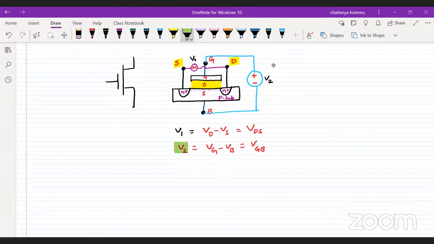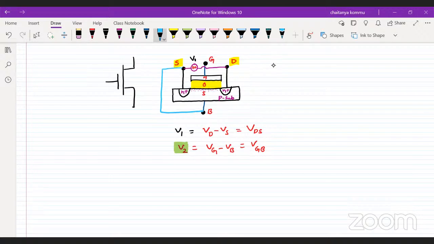I don't want to use these connections; instead, I connect the source and bulk at the same potential, because the negative terminal only we have to apply for this NMOS transistor, for the body as well as the source.